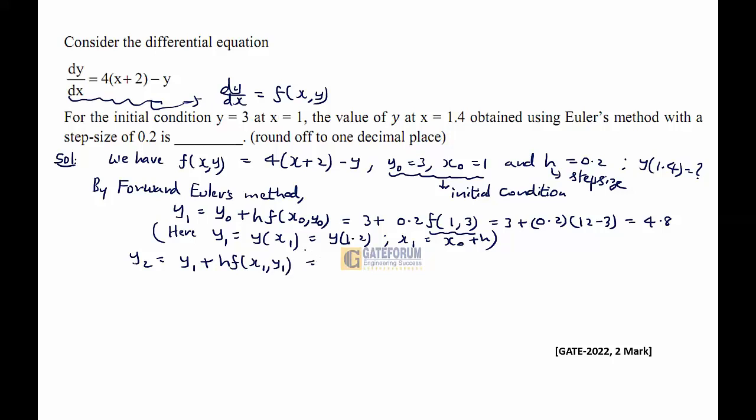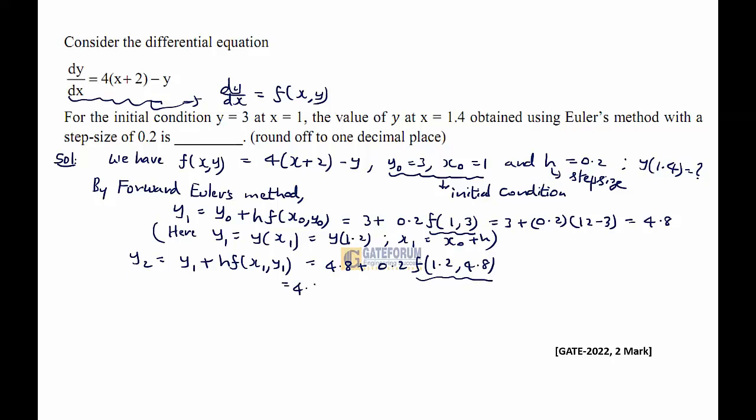Just now we got y1 as 4.8, plus h means 0.2 times function of x1 comma y1. x1 value 1.2, y1 value 4.8. So in the given function of x comma y, put x equal to 1.2, y is equal to 4.8.